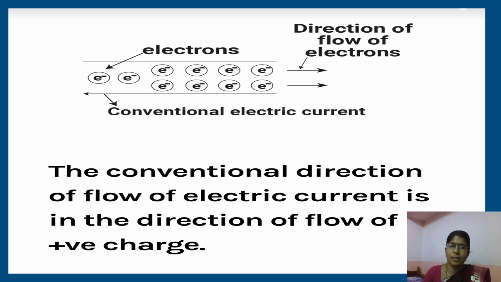So here the conventional direction of flow of electric current is in the direction of flow of positive charge. Why we should say positive charge here is, when we are separating the electron, the cathode again gains its positive charge. So the conventional direction of the electric current is in the direction of flow of positive charge.